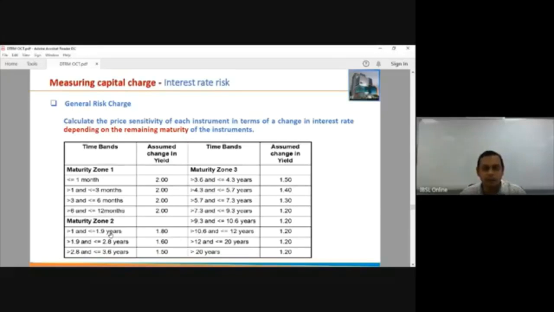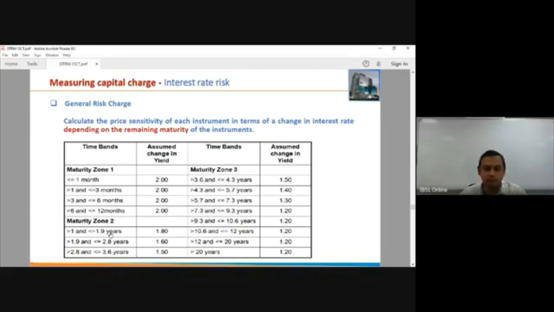Now the computation: initially you have to compute the mark-to-market value of the treasury bill. Now, how do you compute the mark-to-market value of your treasury bill?